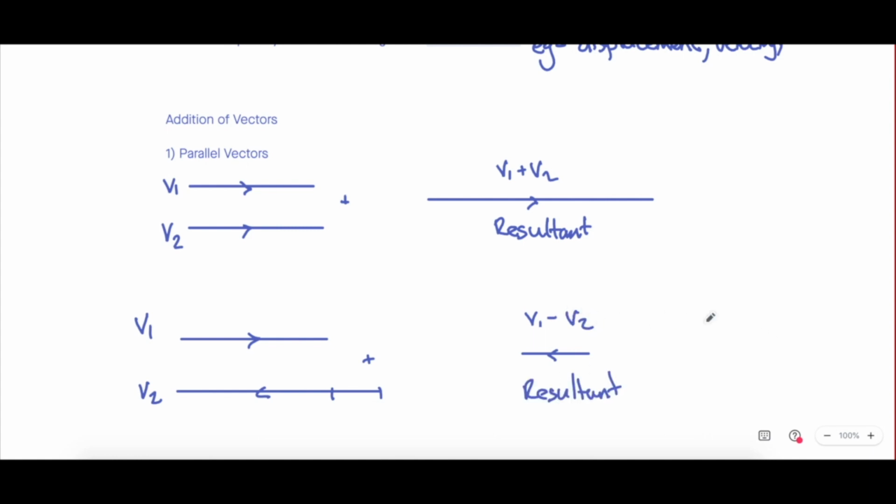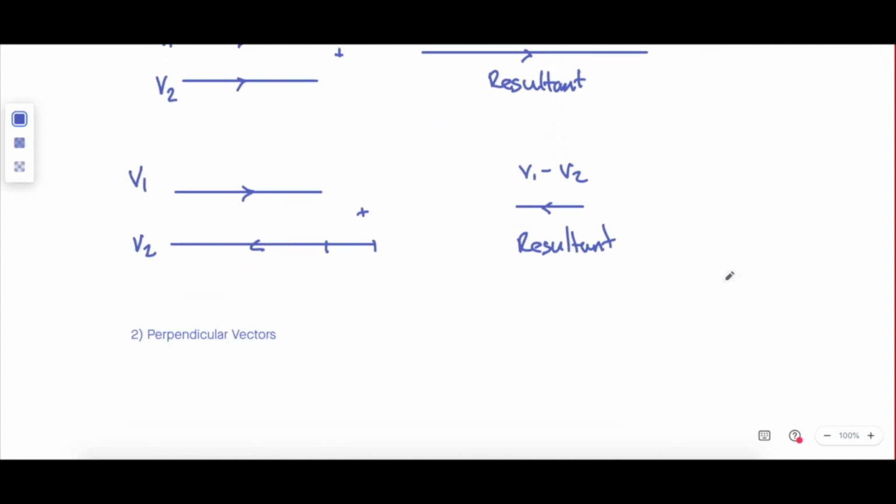Now where it gets trickier is when you're dealing with perpendicular vectors. So let's draw an example. v1 is going upwards and v2 is going to the right, like this. Both of these are perpendicular to each other, and what you want to work out is the resultant force of both of these. So you need to draw both of these vectors tip to toe.